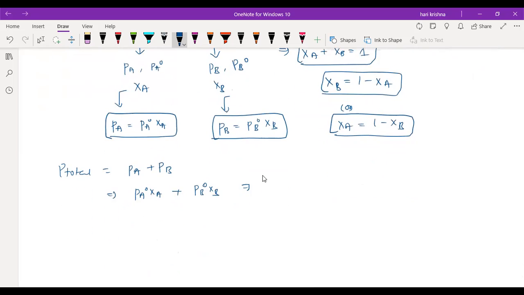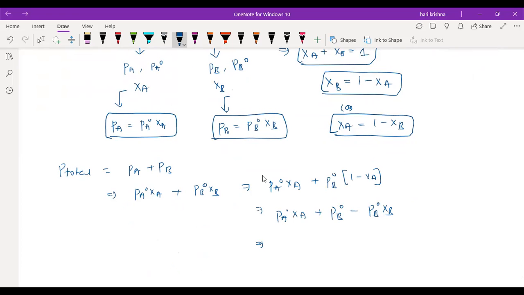Just substitute the value here. PA naught XA plus PB naught XB, which you can write as 1 minus XA. That means PA naught XA plus PB naught minus PB naught XA.